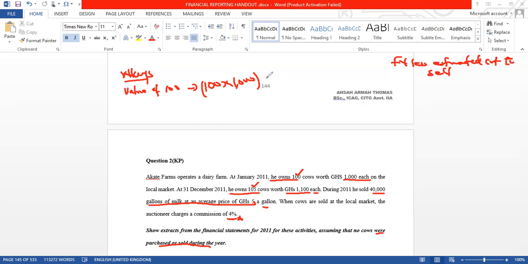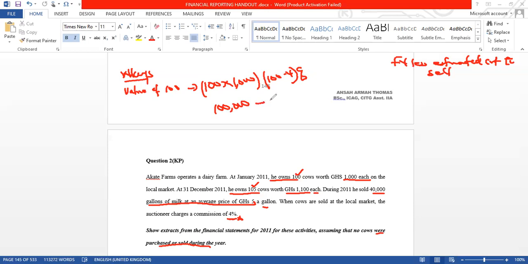If we are going to less cost to sell, it will be 4% of this value. So let's represent the value by 100% and take off our 4%. All right, you can as well do it like this. You have 100 cows, you multiply by 1,000, which will give you 100,000. What is 4% of this 100,000? You do 0.04 times 100,000. It is going to give you 4,000.